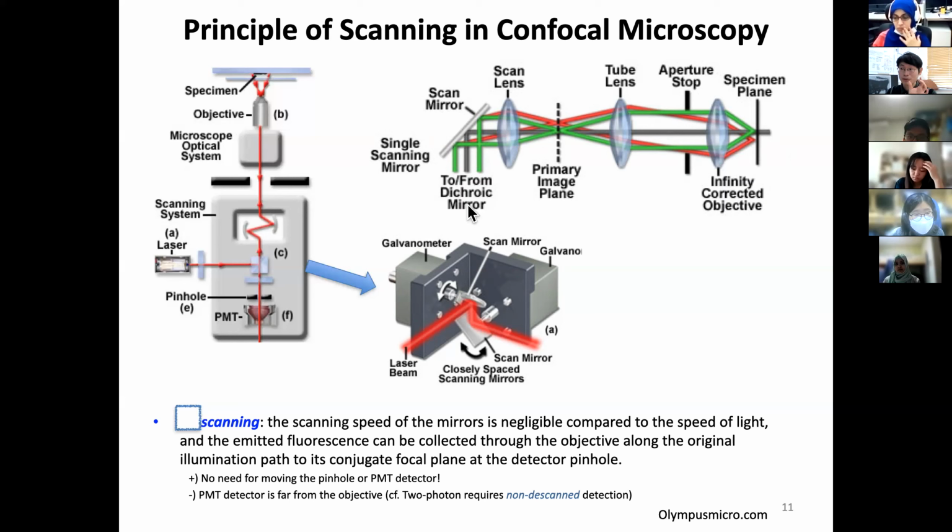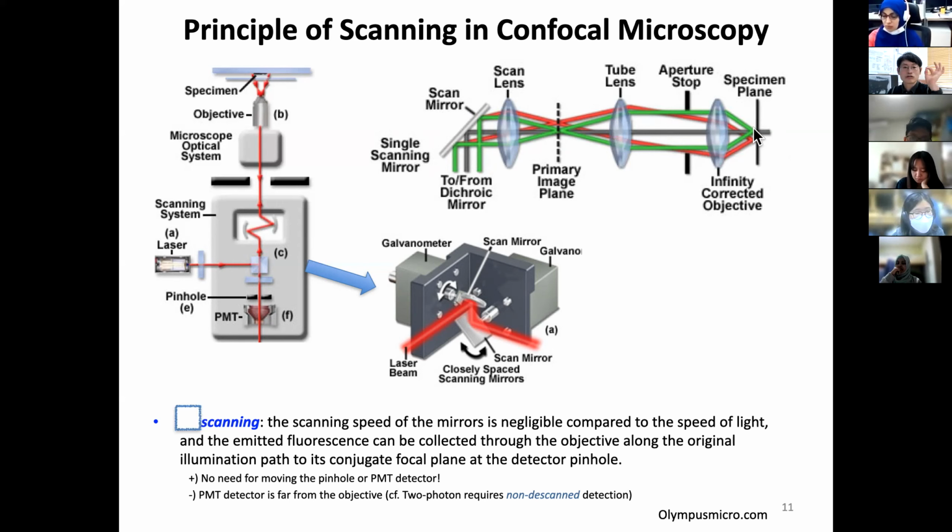So, to and from. Let's say the input is a green light. You know, these two lines mean it's a field, collimated light goes in, hits the scan mirror, and then it goes to one focus. So this is the scan lens focus. And then now you start the 4F system of tube lens and objective, and you focus. Okay, that's fine.